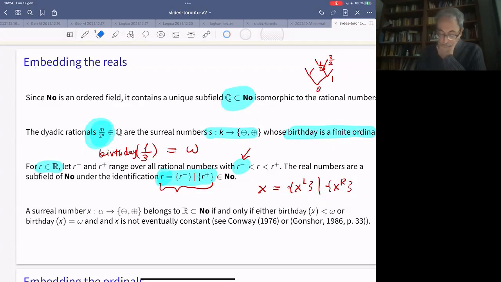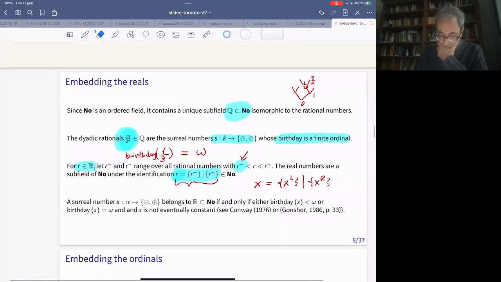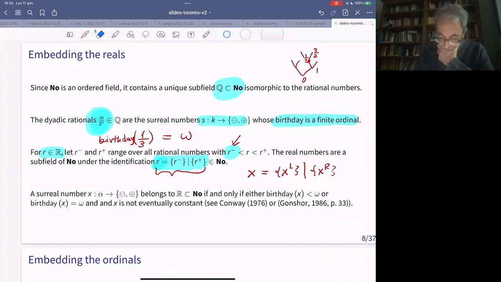Okay, now you can prove, this is also an exercise if you want. I mean, the rule is that everything that I'm not able to do, it's an exercise for you. You can prove that a surreal number is a real number in this representation if and only if the birthday is less or equal to omega, first of all.